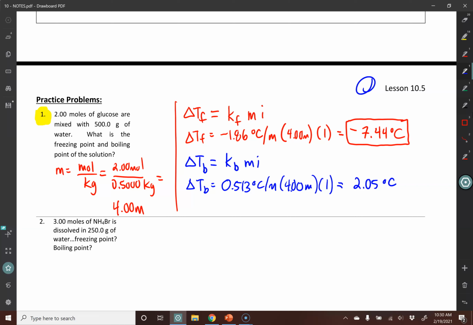A rookie mistake is to be so excited that you're done with the calculation that you say, oh, the new boiling point is 2.05 degrees Celsius. Whoa. Remember, you're calculating the change in boiling point. So this isn't the new boiling point temperature, this is how much the boiling point is going to change by. We know that the boiling point of water, because that is our solvent, is 100 degrees Celsius.